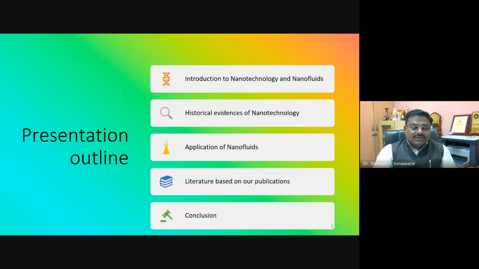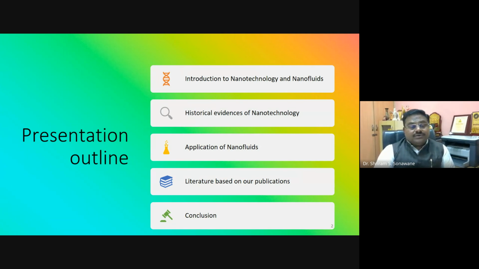Then the historical evidences of nanotechnology and applications of nanotechnology, because we are reinventing the wheel back. Which wheel? Nature's wheel, right? Because whatever we see, why does it exist, what is the technology behind it? We found a few traces in nature's wheel, and that nature's wheel we are reinventing again to carry out our research in terms of nanotechnology.